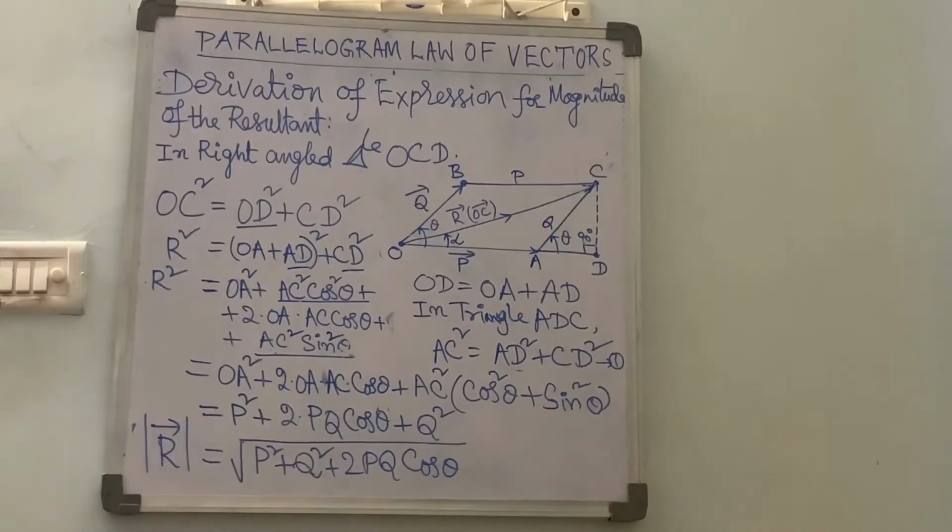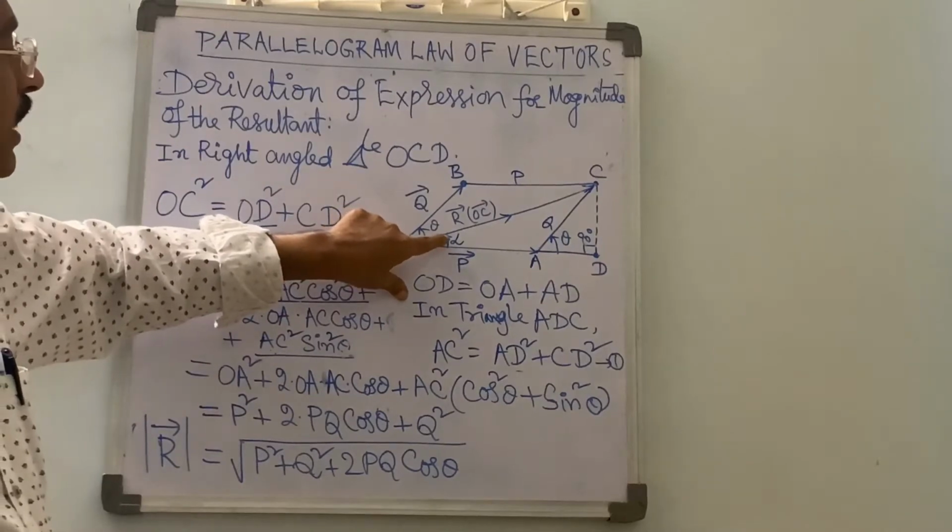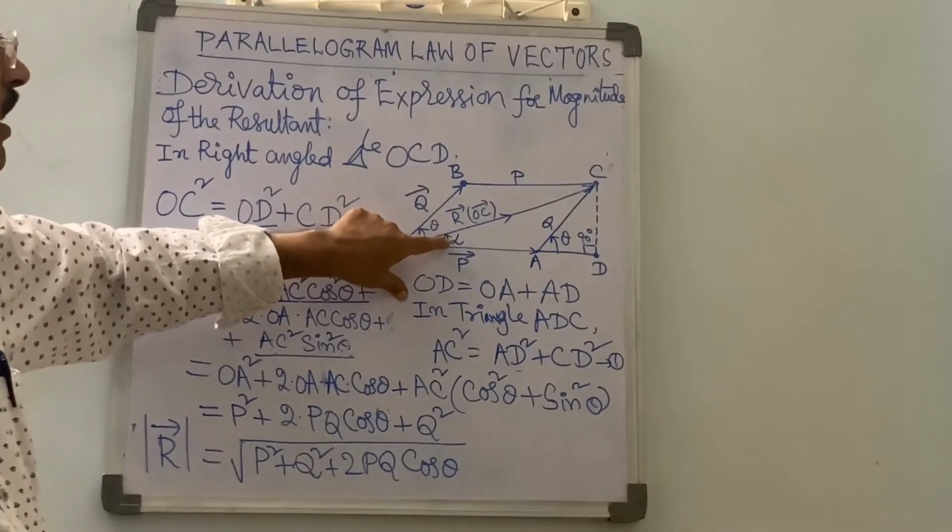Now we derive the expression for the resultant direction, that is for alpha.